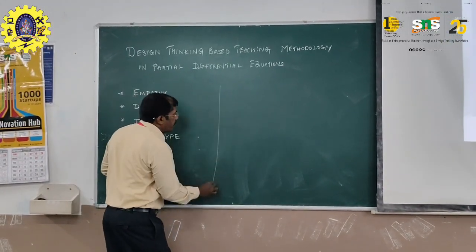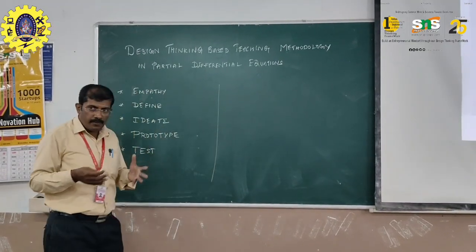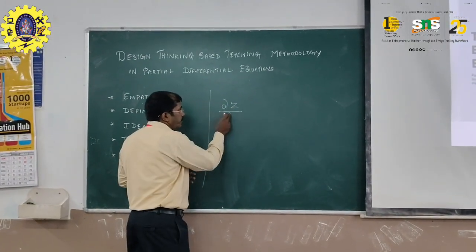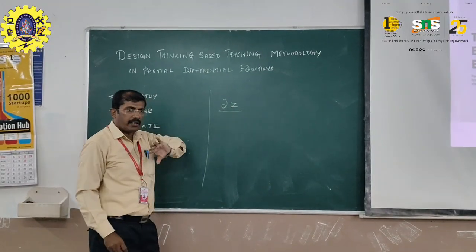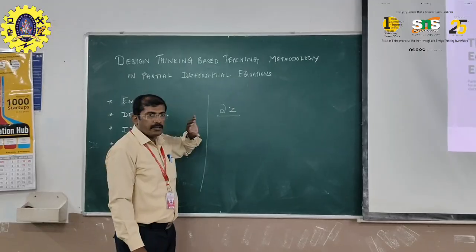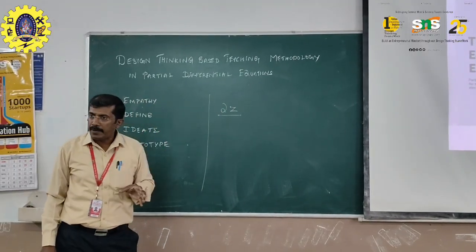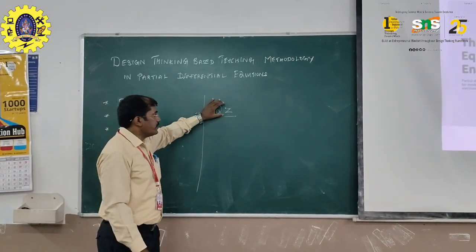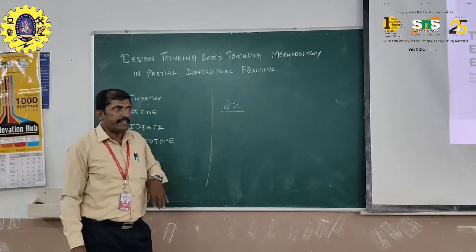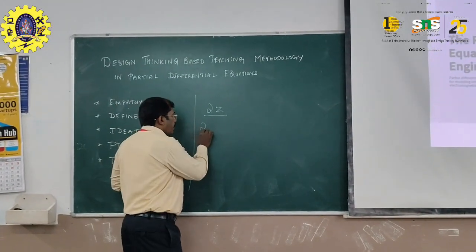So we use a notation, a general model like dou z by. This z is a function. Let us connect it with our scenario of water supply, so z is the water supply. z is a function which talks about water supply. With what variables is it connected?